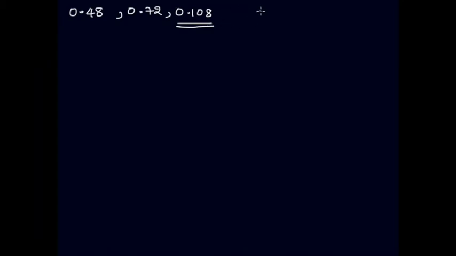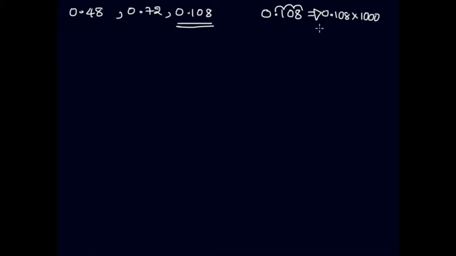So if I want to convert this into a whole number without any decimal points, what do I have to do? 0.108, I need to move this decimal 3 places out, correct? So what I'll have to do is 0.108 into 1000. Actually, I should not write equal to. Let me put an arrow so that it's like a conversion.